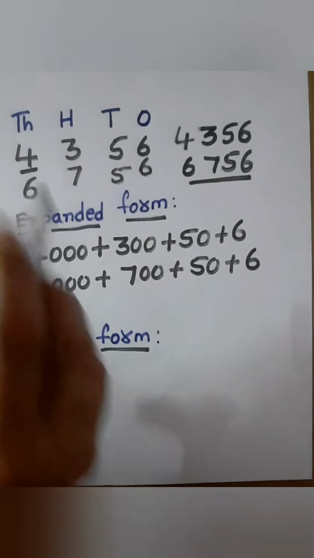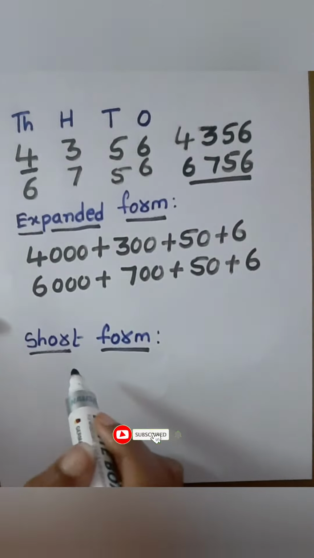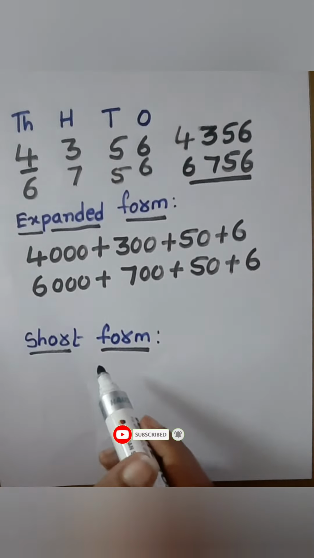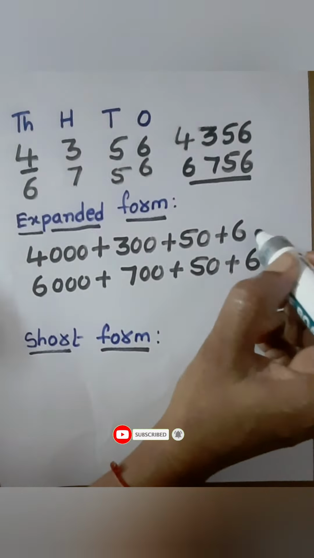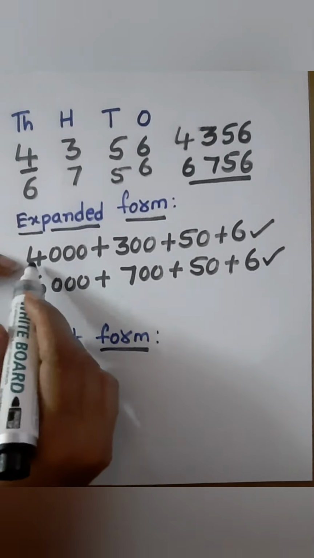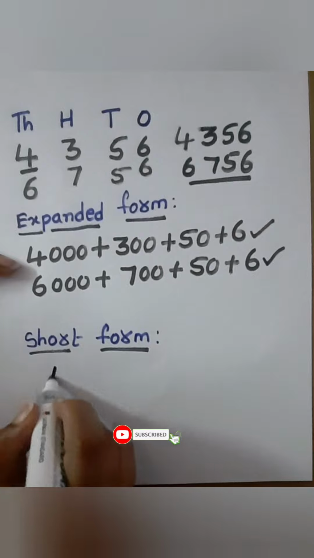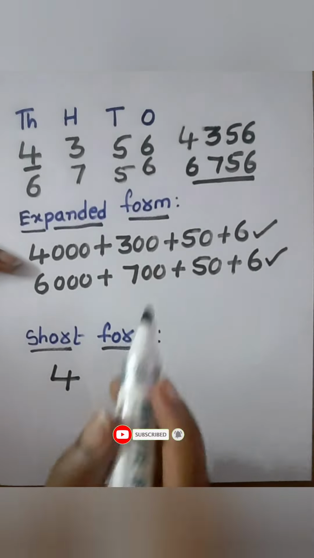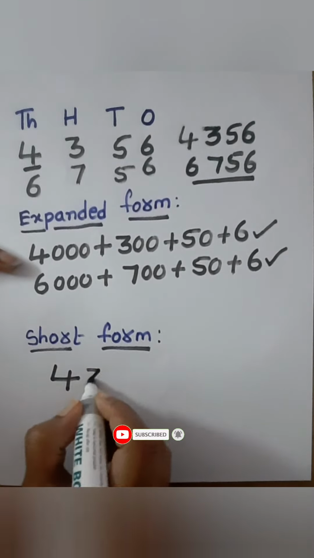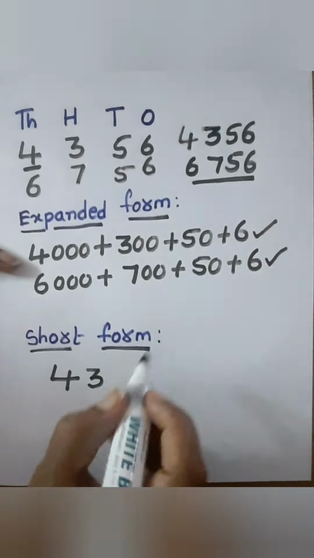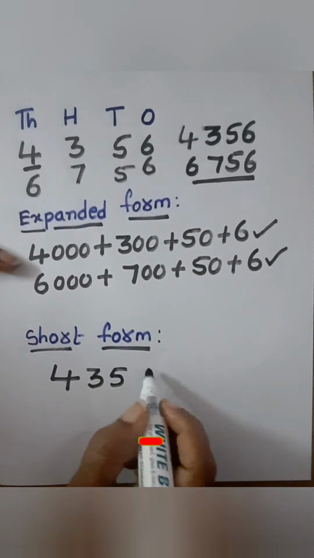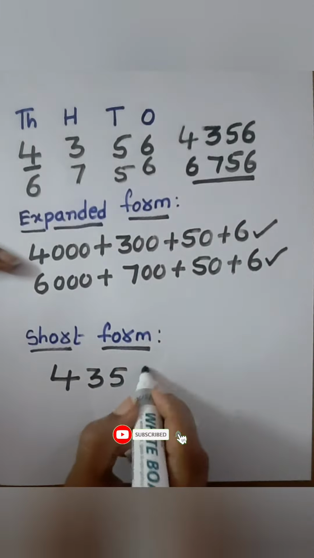Okay. How can we write this number in short form? 4000, that means 4. And 3 is in the hundreds place, that means 3. And 5 is in the tens place, that means 5. And 6 is in the ones place.